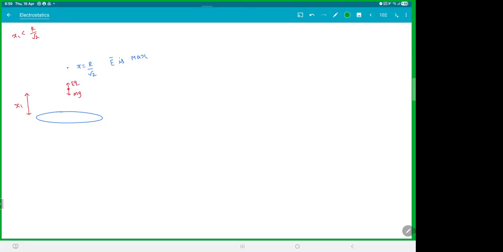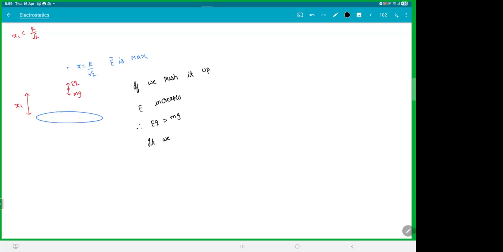Now, if I push it upward, what will happen? Remember, as you go up, the field is increasing. If we push it up, E increases because you're going towards the maximum point. Therefore, EQ becomes greater than mg. Means it will keep going up.